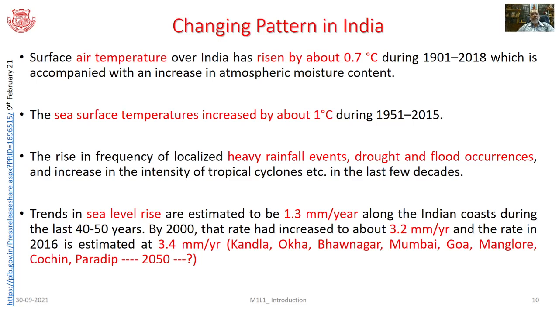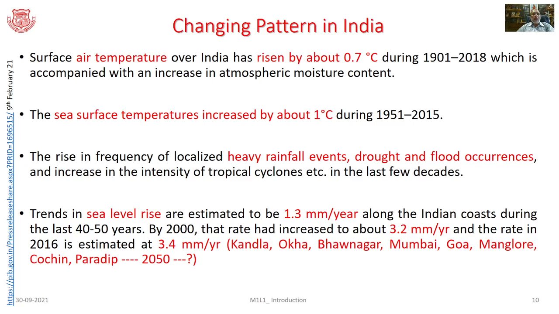The sea surface temperature increased by 1 degree centigrade during 1951 to 2015. There is a rise in the frequency of localized heavy rainfall events, drought and flood occurrences, and an increase in the intensity of tropical cyclones in the last few decades.